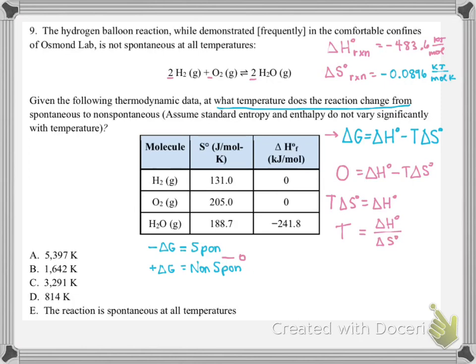Okay, and so then we can just go ahead and say the temperature where we're going to have this turnover is going to be negative 483.6 kilojoules per mole divided by negative 0.0896 kilojoules per mole Kelvin.